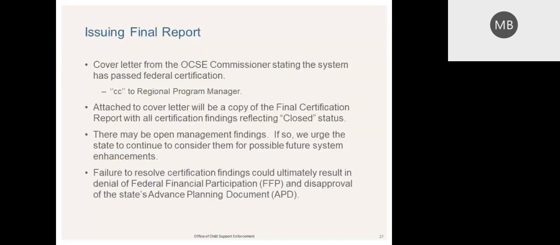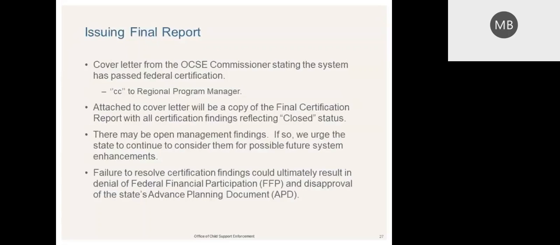When all objectives are satisfied, the state will receive a letter from the OCSE commissioner stating that the state has passed federal certification. Attached to the cover letter will be a copy of the final certification report, with all certification findings reflecting closed status.